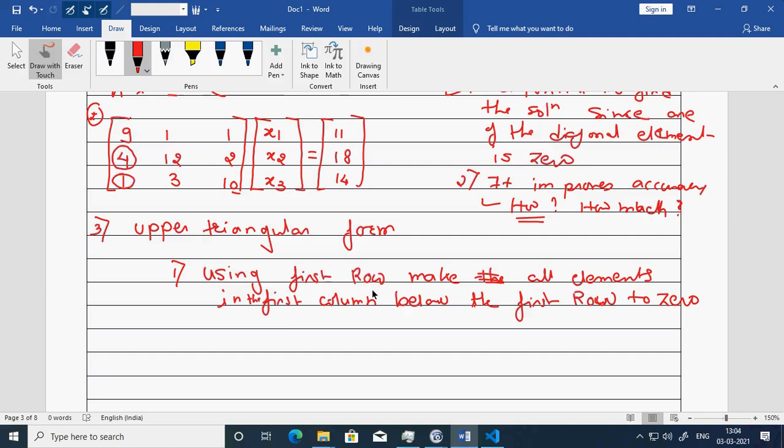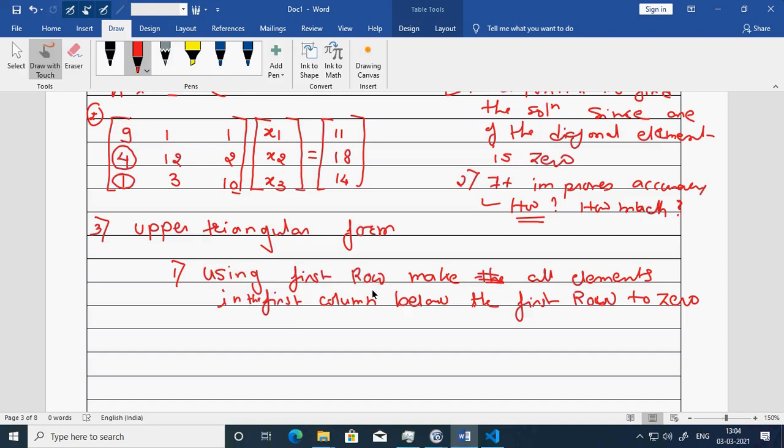Is this clear to everyone? You can reply in group, or type Y, or you can unmute and say.